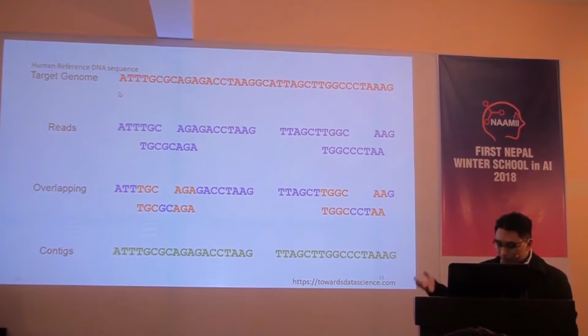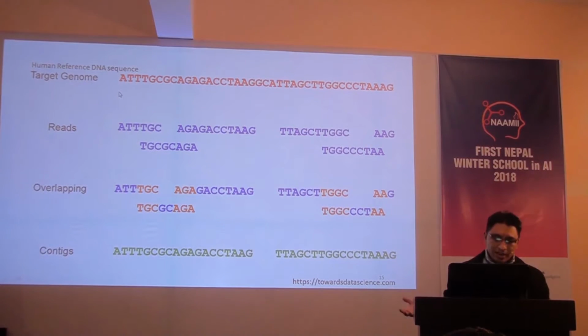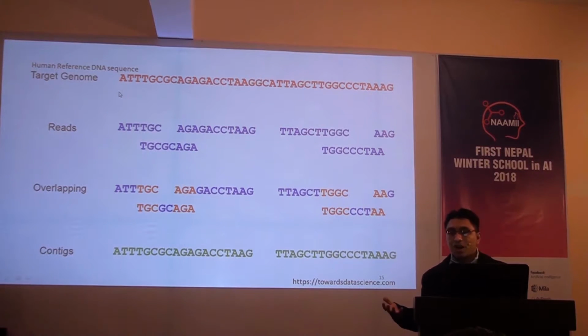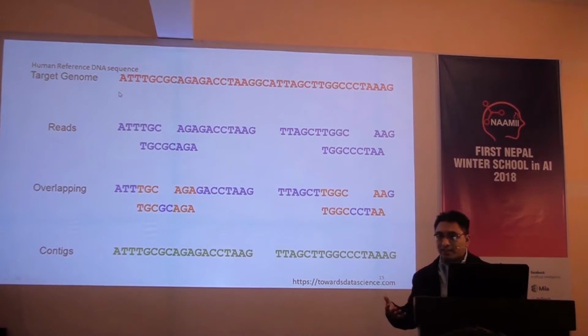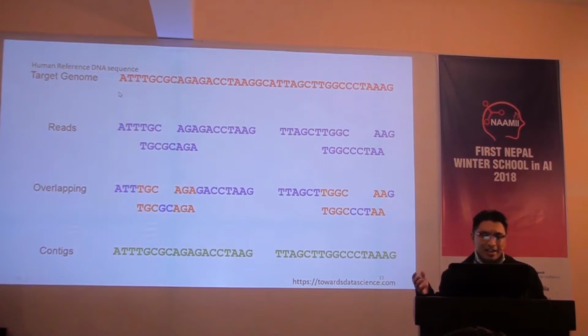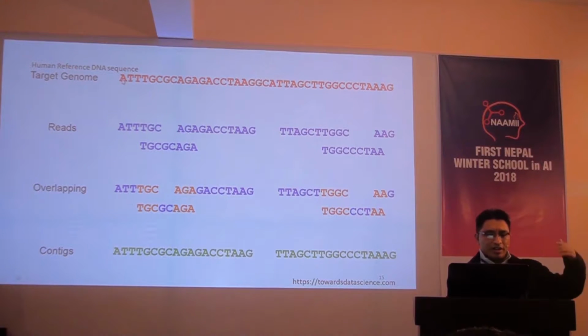This is another essential problem in the field of bioinformatics, first introduced around the 1960s, 1970s, and it's called the sequence alignment problem. It's about aligning stretches of strings given a template sequence.